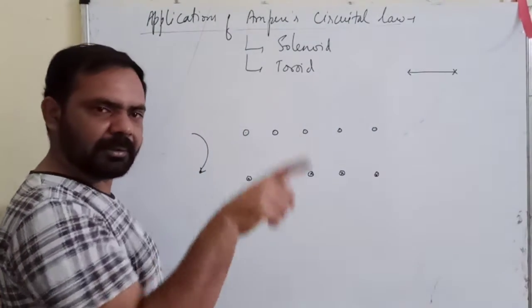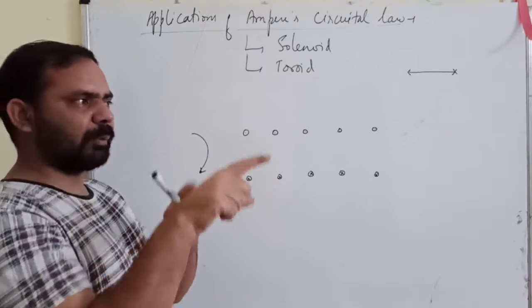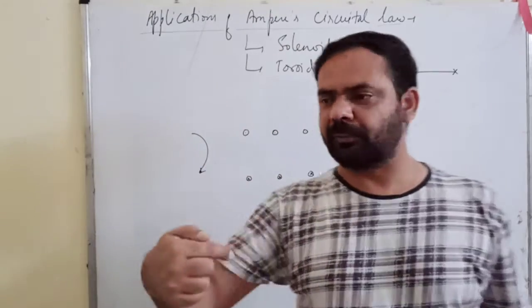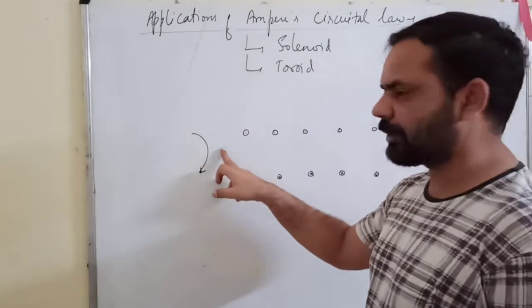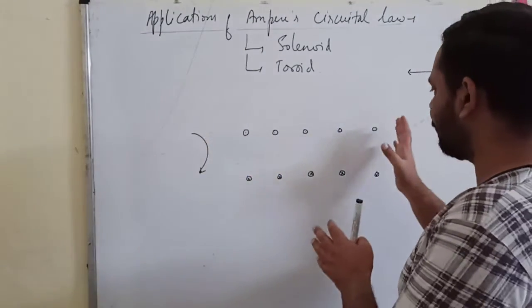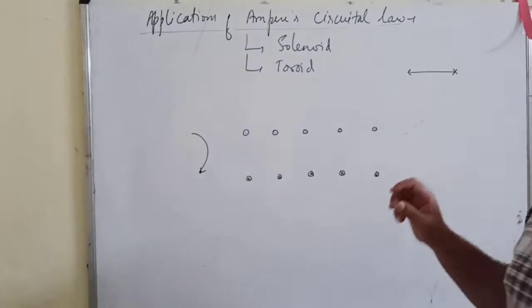From this end, if you look at the current, it is moving clockwise, and if I look from the other side, with the same direction of flow, it will be anti-clockwise. So this is the end with clockwise current, and this is the end with anti-clockwise current.